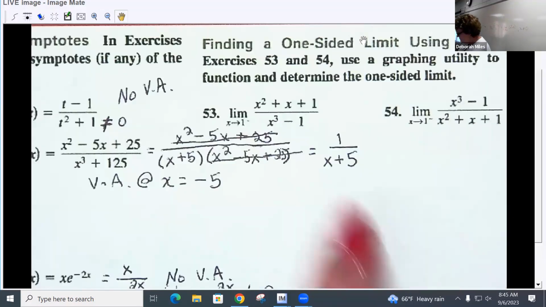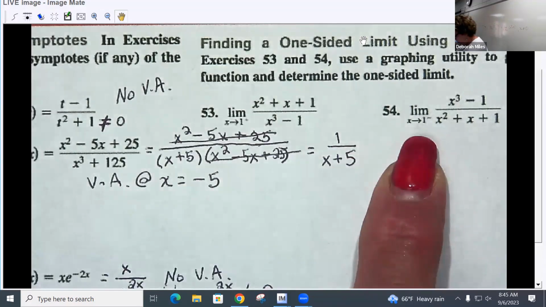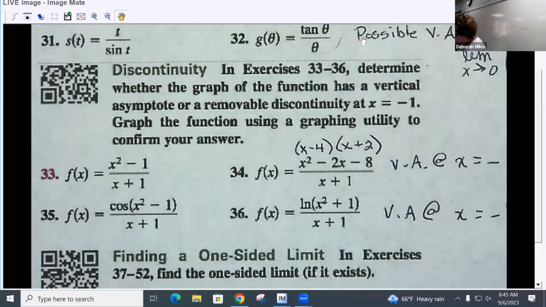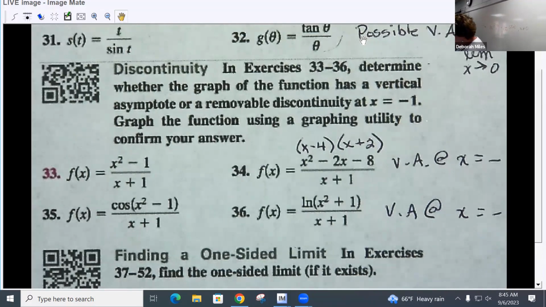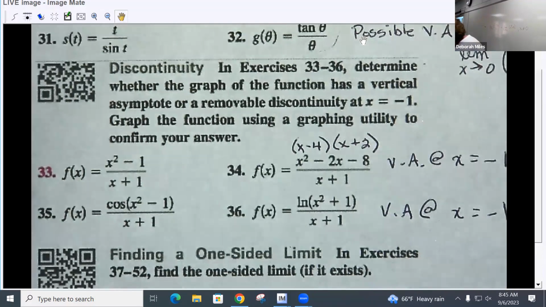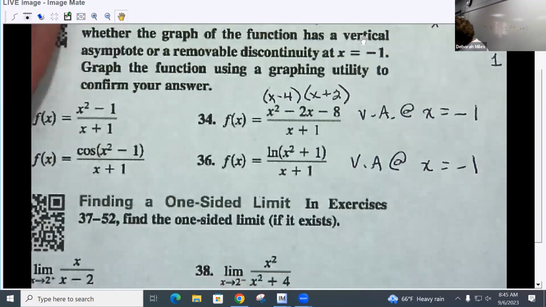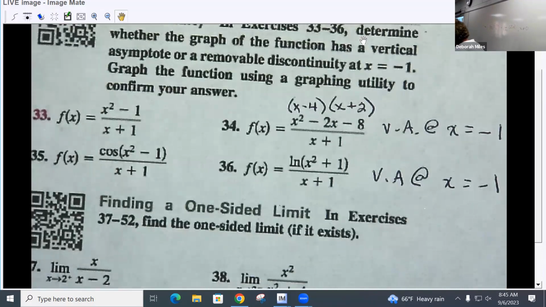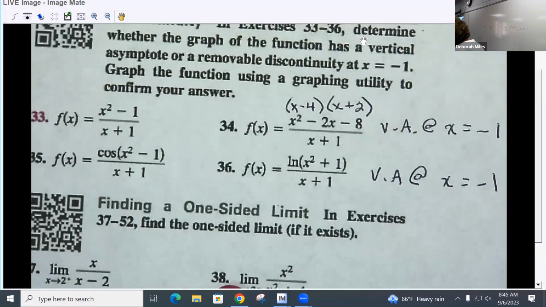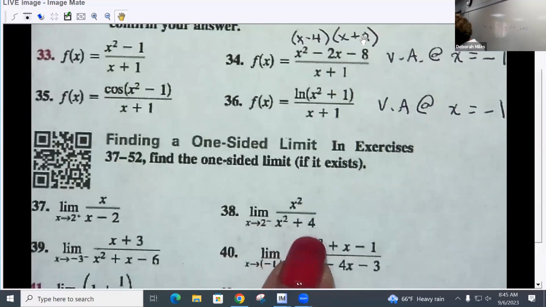Oh, I do have 53 and 54 up there. Okay. I don't have to go back and fix anything on this handout. Find the one-sided limit if it exists. So number 38. How can you find out whether the limit as x approaches 2 from the left exists?